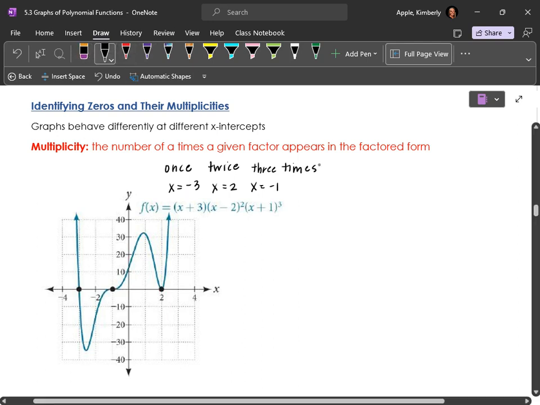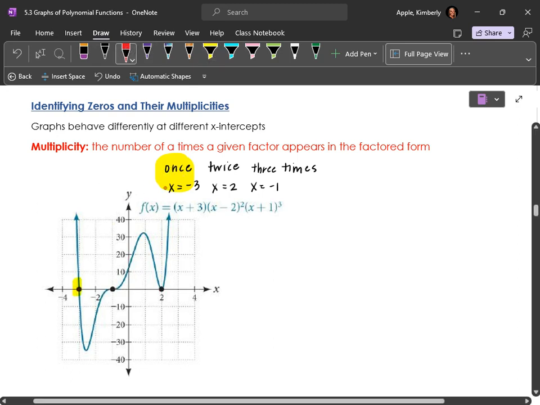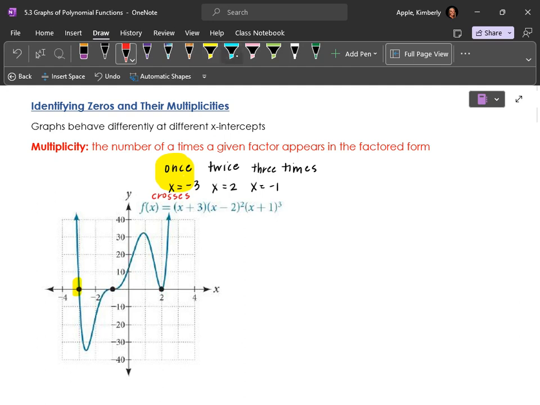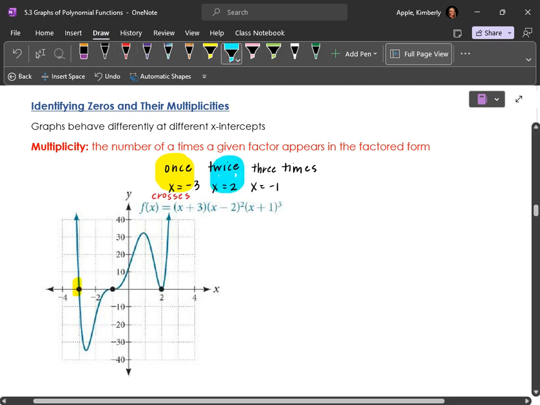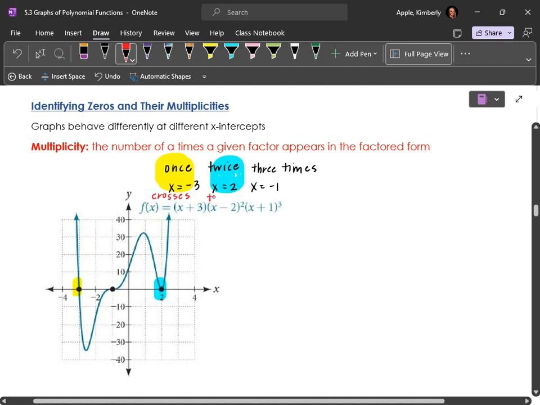And whenever this happens, the graph behaves a little differently. So if we're looking at one root, that's at negative 3, it just crosses through, right? So that just crosses the x-axis. Twice, we see here at negative 1, we see that at 2. Notice it bounces. It just touches the x-axis and then turns around. So we call that a touch.